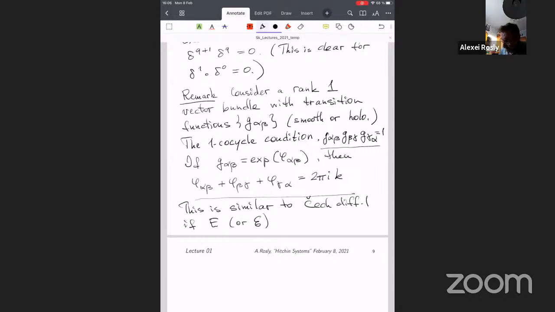As I said, this applies to both situations of a smooth bundle or holomorphic bundle. So if we take the coefficients in the bundle, which is trivial, the trivial rank 1 bundle.